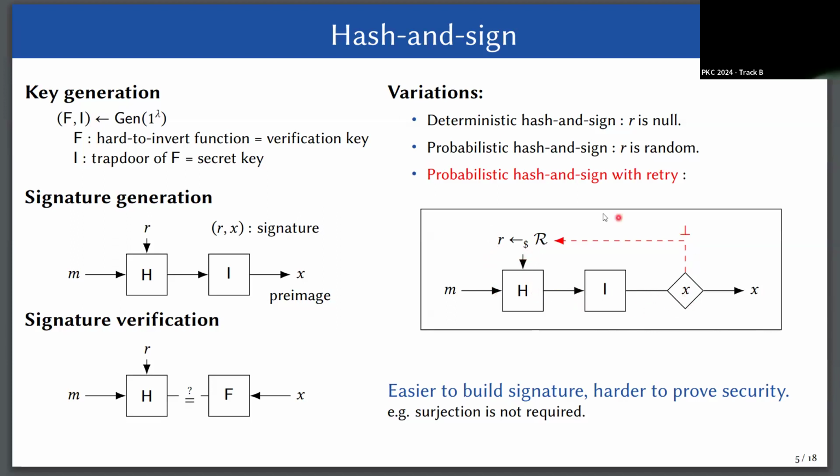And we repeat this procedure until we get a valid x. Actually, it's easier to build a signature this way. For example, surjection is not required for the probabilistic Hash&Sign with retry. Even if it is not surjective, we can retake the hash value until it is inside the range of the function f. For this kind of convenience, it must be harder to prove the security.